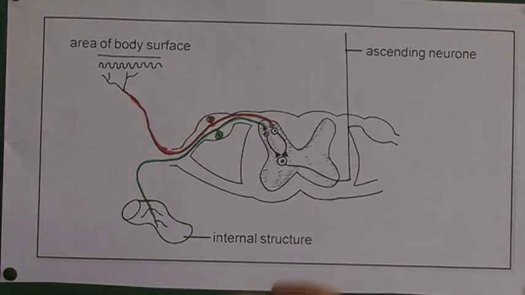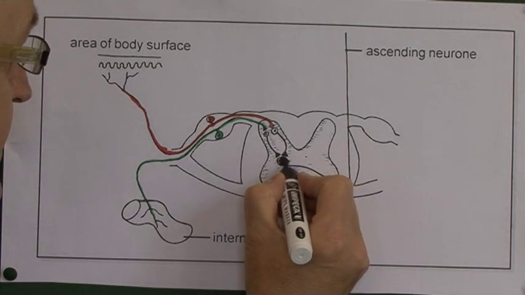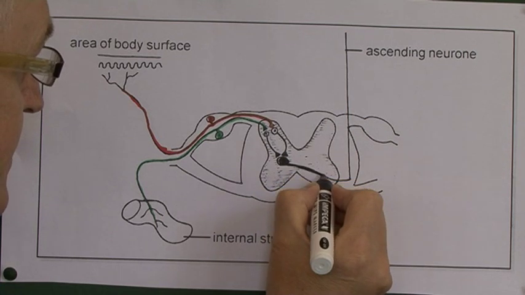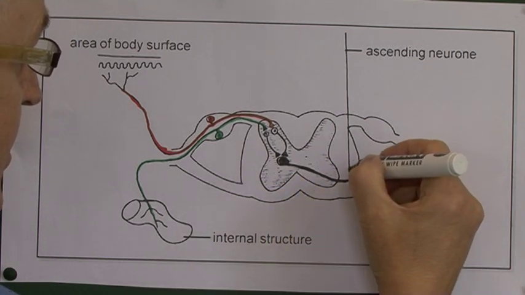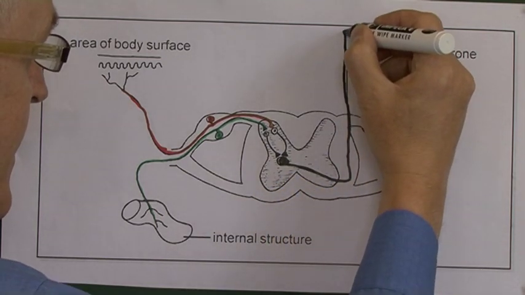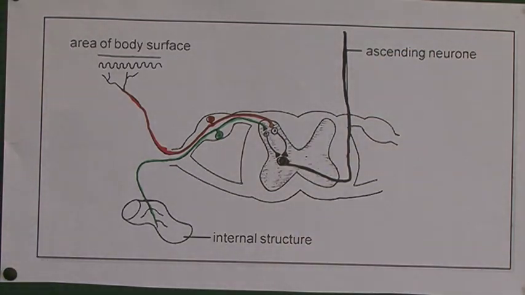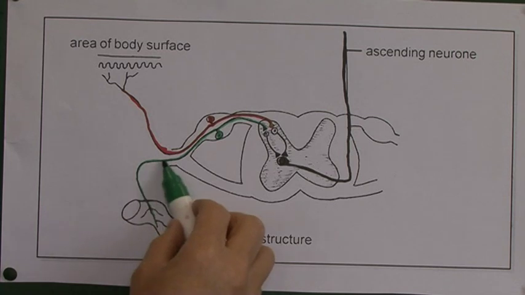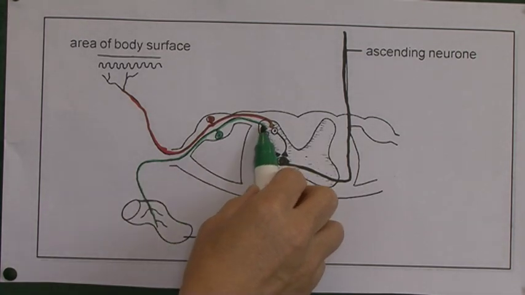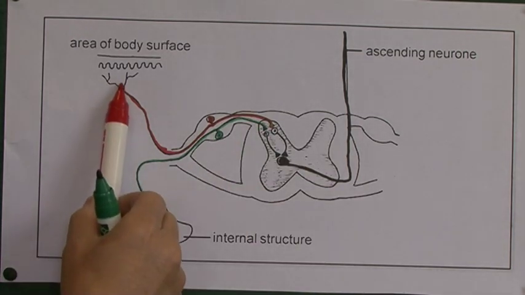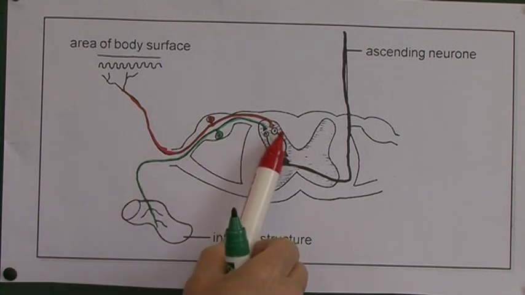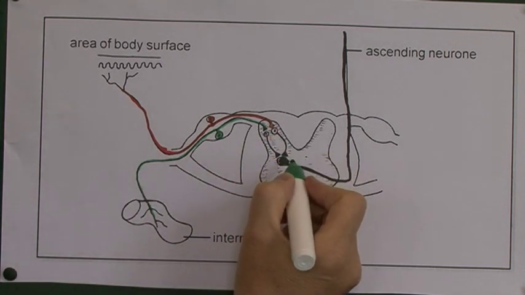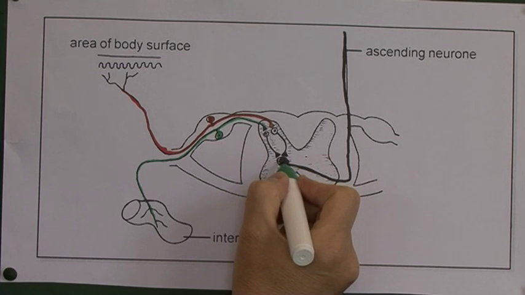So here we have the ascending neuron going up to the brain, crossing over and going up. But what we notice is both of these, the afferent from the internal structure and the afferent from the external structure, are both sharing the same ascending neuron.